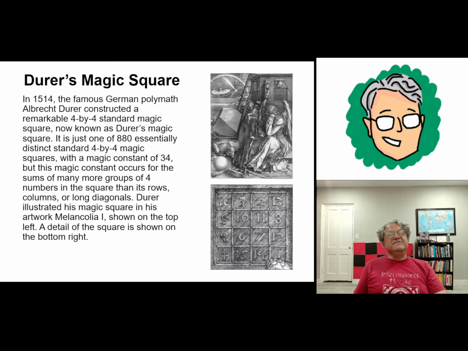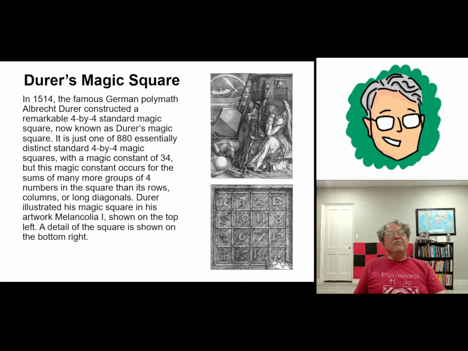But one thing in this painting of his is his magic square, and the angel on the right is actually holding up this magic square right above his wing. And there's a little inset of the magic square on the bottom right. And you can see the numbers in it.